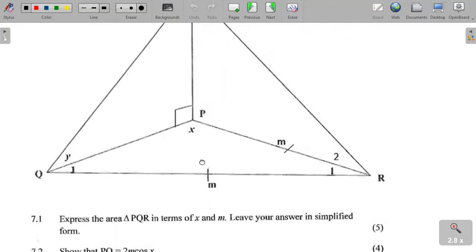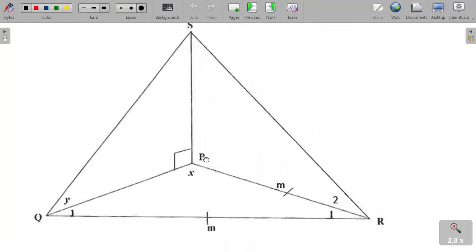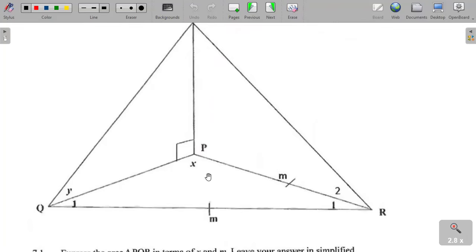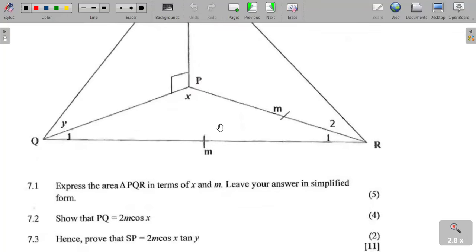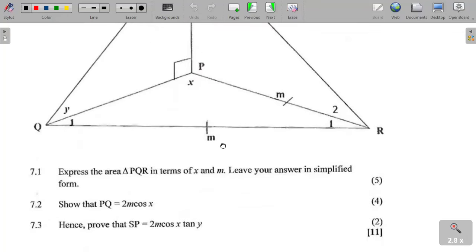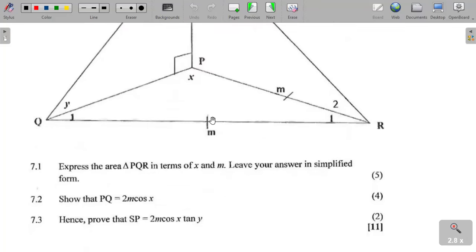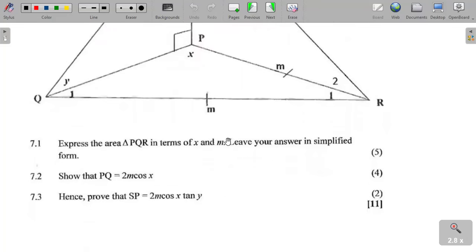Okay, we can start by finding what? PQR in terms of X and M. So meaning we have to use the area rule, isn't it?